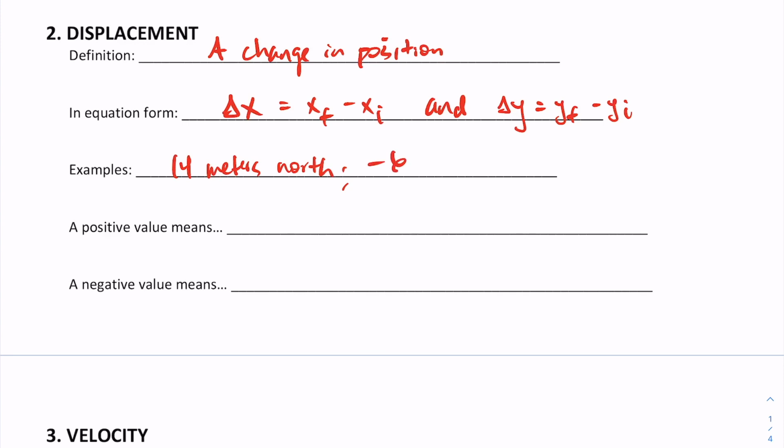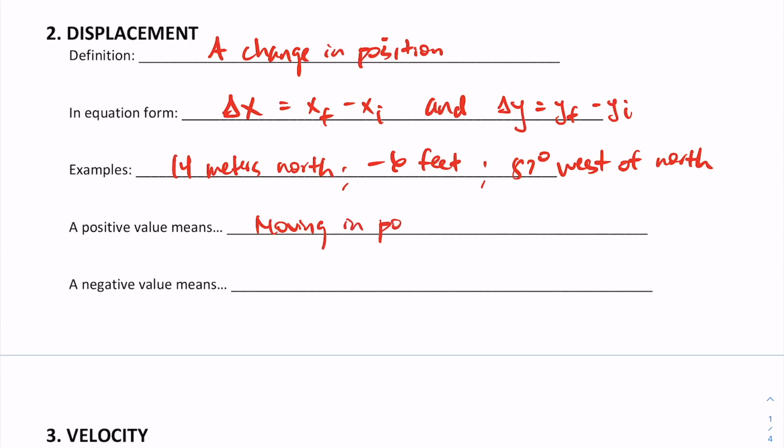Or an object could have moved -6 feet, meaning 6 feet in the negative direction, or 87 degrees west of north. So just by looking at the description, you can't necessarily tell if it's a displacement or a position.